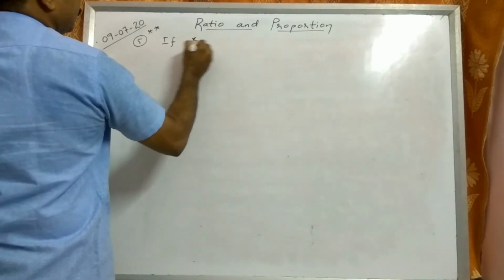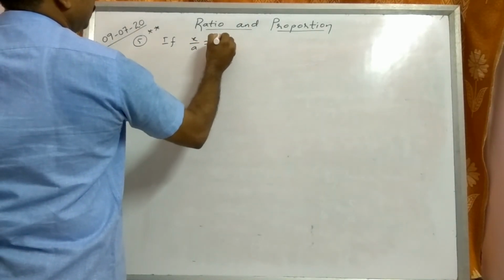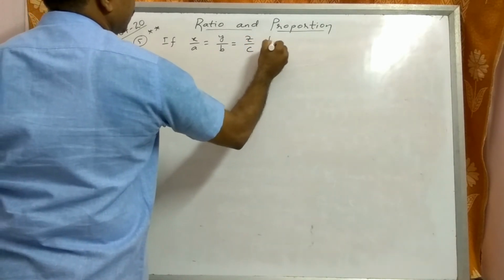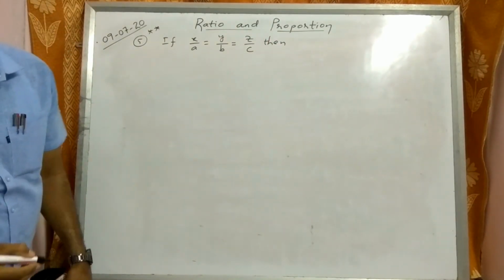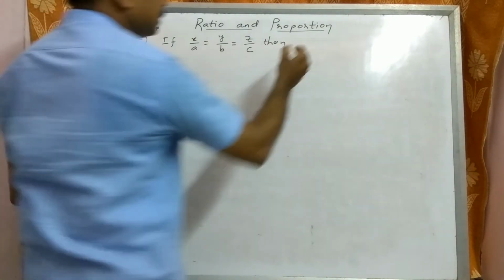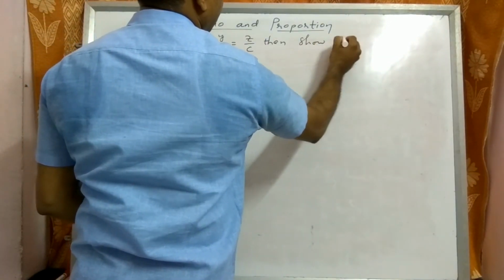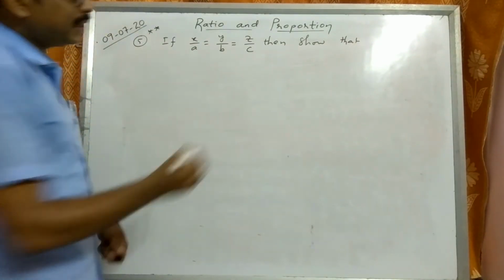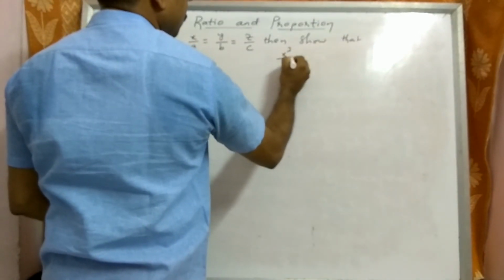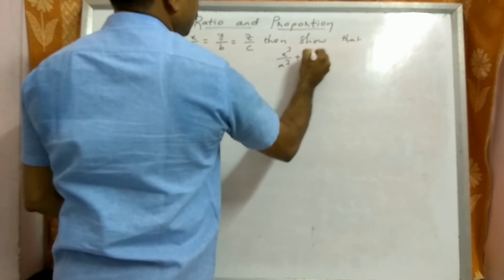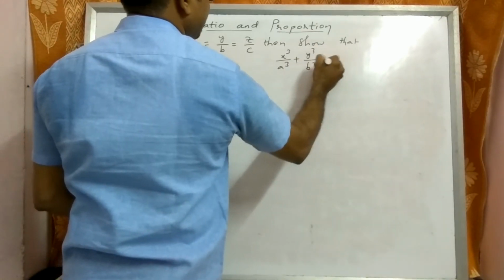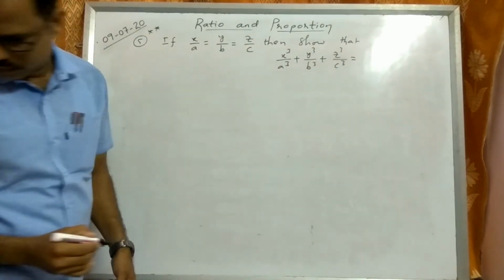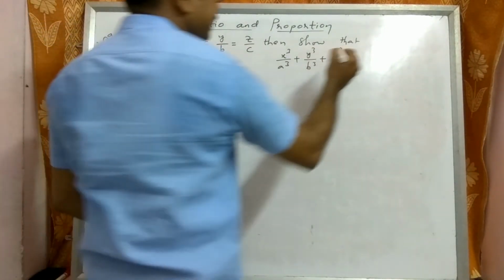If x by a equal to y by b equal to z by c, then show that x cube by a cube plus y cube by b cube plus z cube by c cube equal to 3xyz by abc.